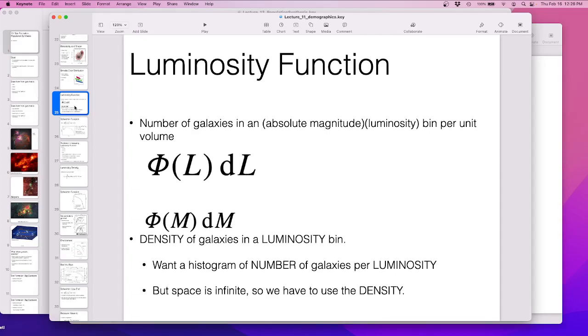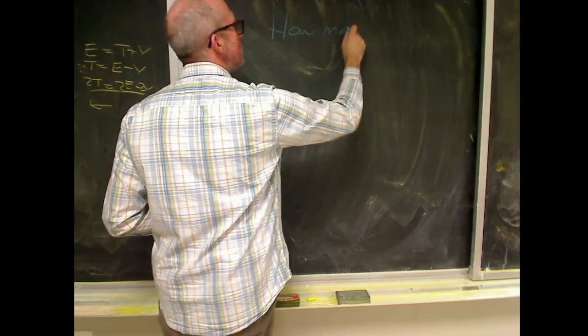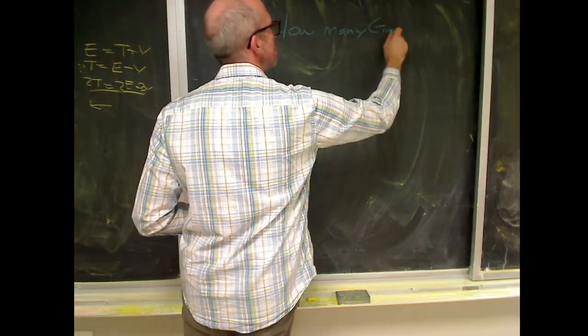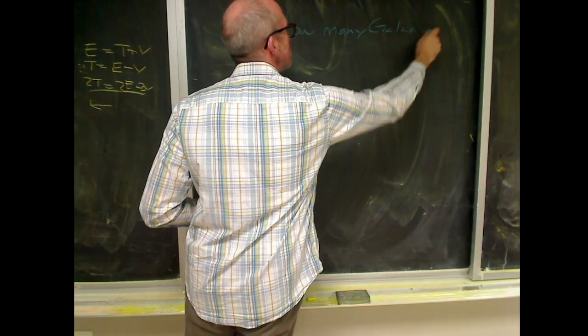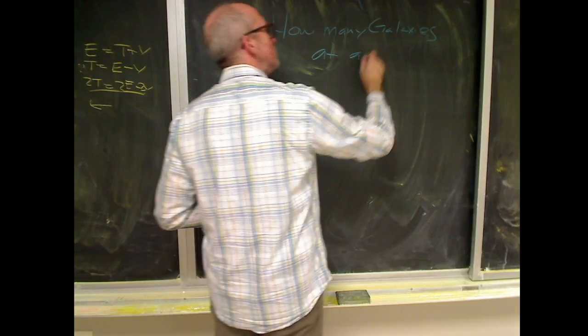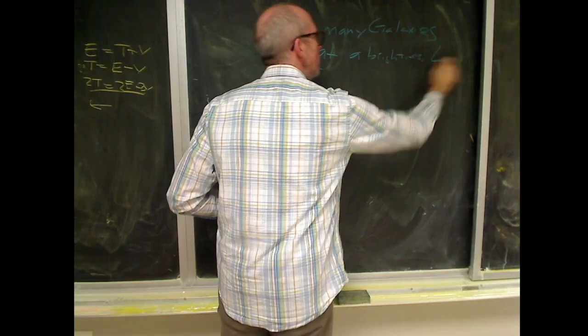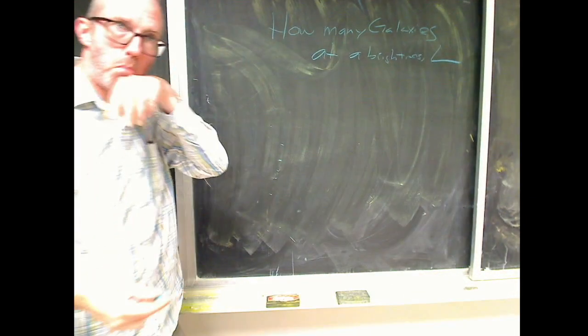I want to know how many galaxies do I have at a brightness L, whatever L is.